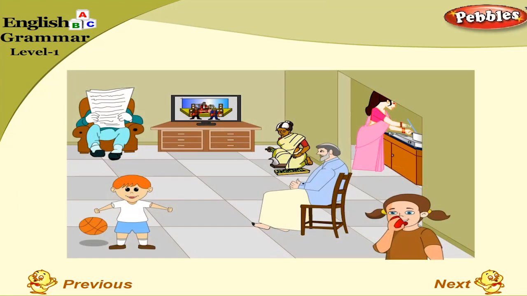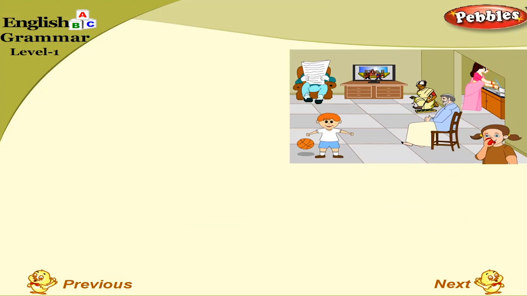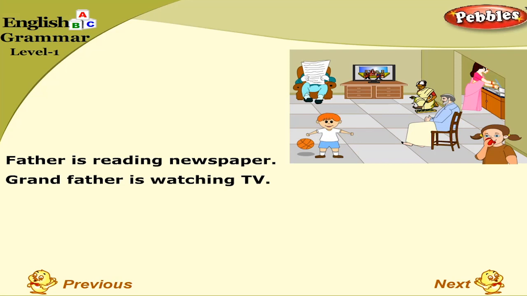Look at the scenes happening in a house. Say a few sentences with verbs you see in this picture. Father is reading newspaper. Grandfather is watching TV. Mother is cooking in the kitchen.